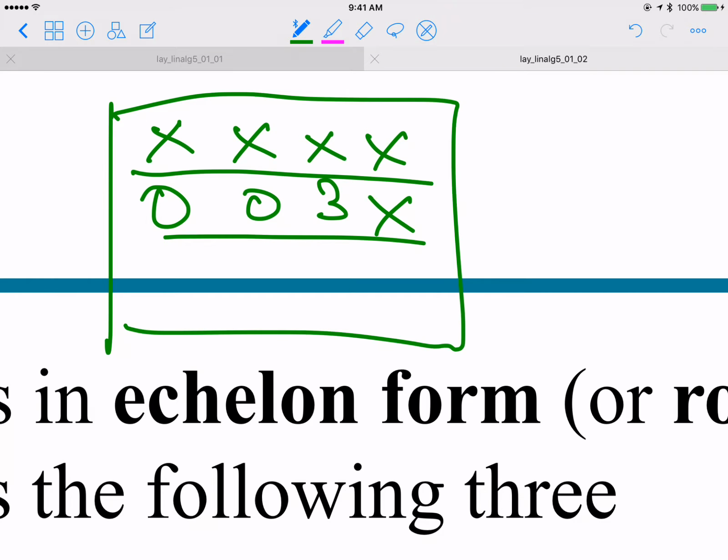Let's imagine this kind of matrix, and then we consider the second row, and the leading entry is 3, and the position of this 3 is in the third column, right?